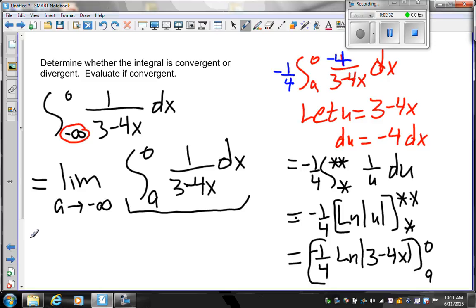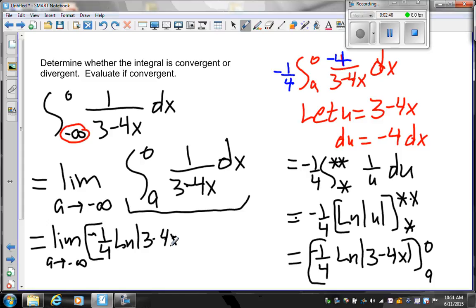So this goes over here. We have the limit as a approaches negative infinity of negative 1/4 the natural log absolute value of 3 minus 4x, evaluated on the interval from a to 0.